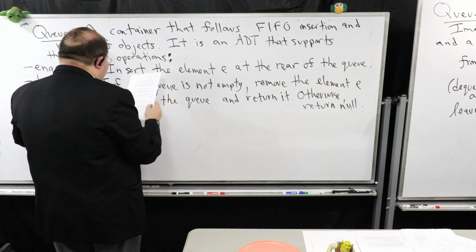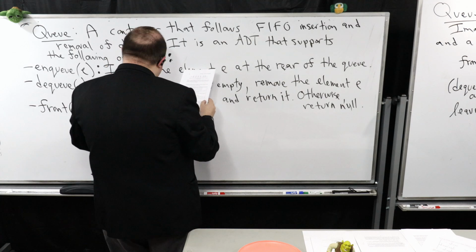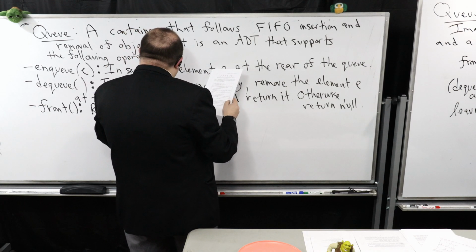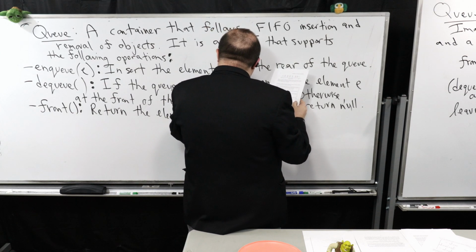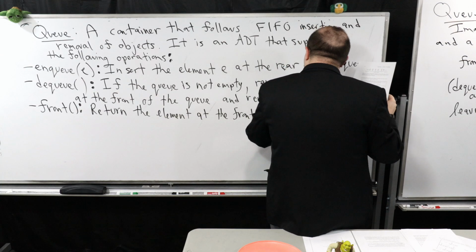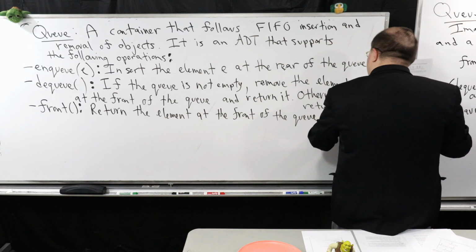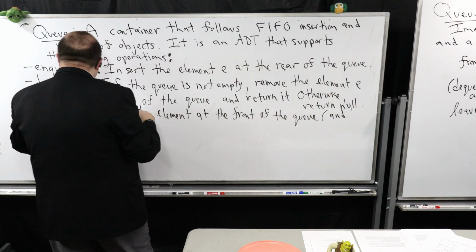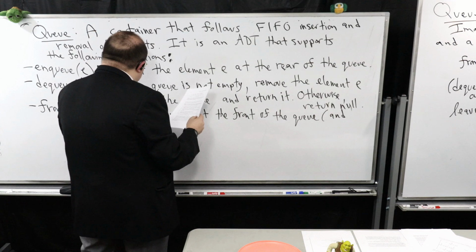But anyways, so return the element at the front of the queue, and null if the queue is empty.